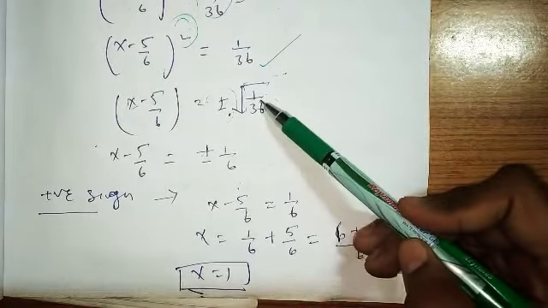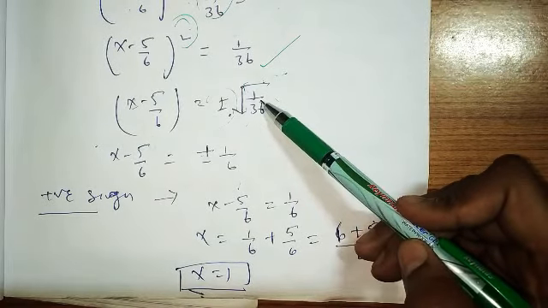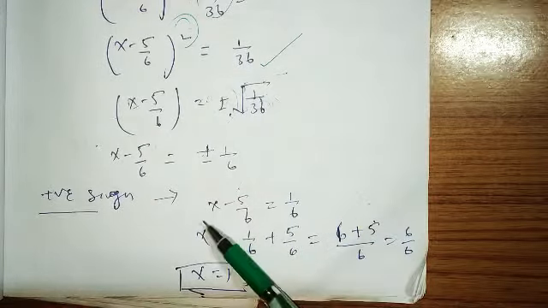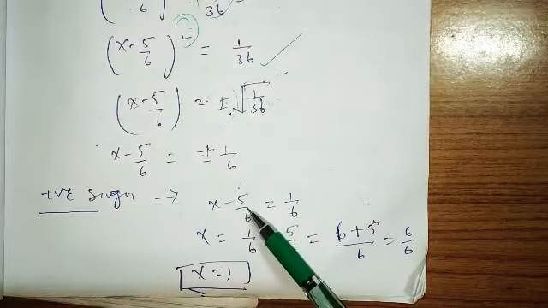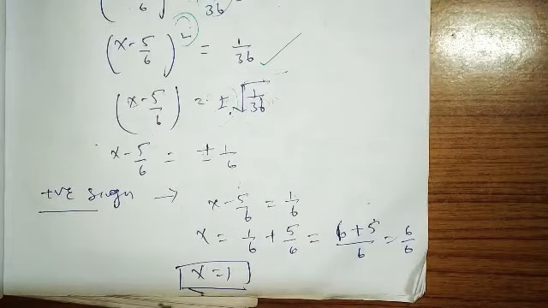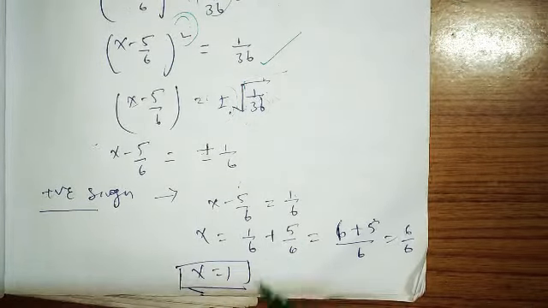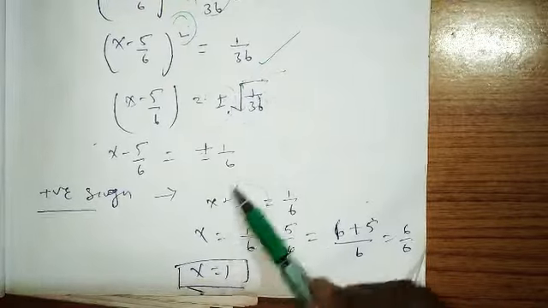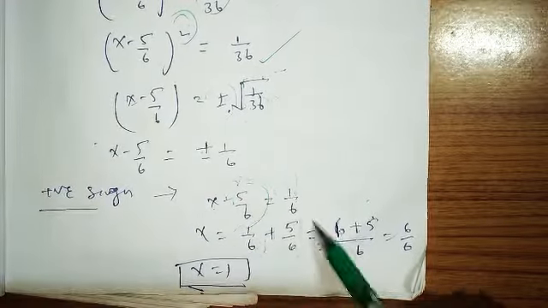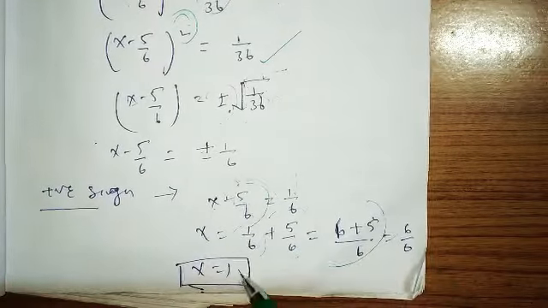So 36 is the square root of 6. So this will be with plus minus sign, and x minus 5 upon 6, and this is plus 1 upon 6 after taking the positive sign. So this is 5 upon 6 minus 5 upon 6, and this would be transferred here. So this is 1 upon 6 and 5 upon 6. After solving, you will get the answer 1.